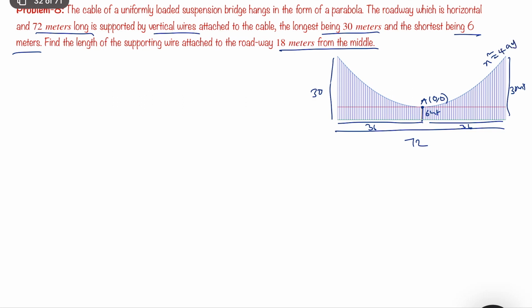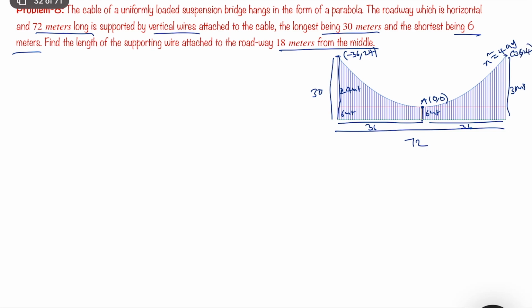Now let's decide this parabola first of all. So if this is 0, 0, and this is 6 meters, this height is going to be 24 meters. So this is the point on the parabola whose coordinates are minus 36 comma 24, and this one is the point with coordinates 36 comma 24.